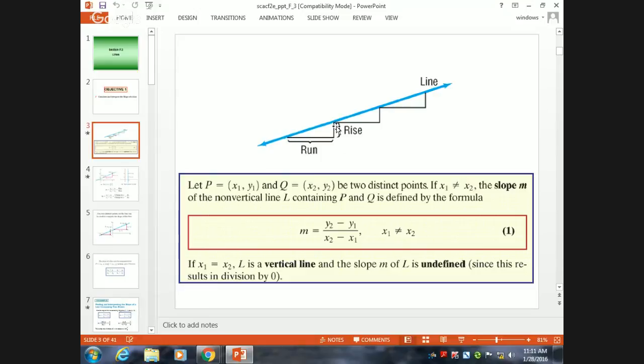And this fraction is the same whether you pick these 2 points to make that fraction, or even if you pick these 2 points. The rise will be different, the run will be different, but the fraction is going to remain the same. The fraction is going to remain constant.